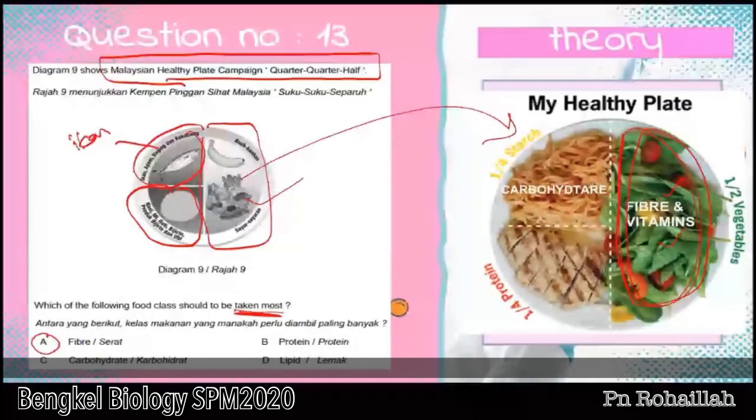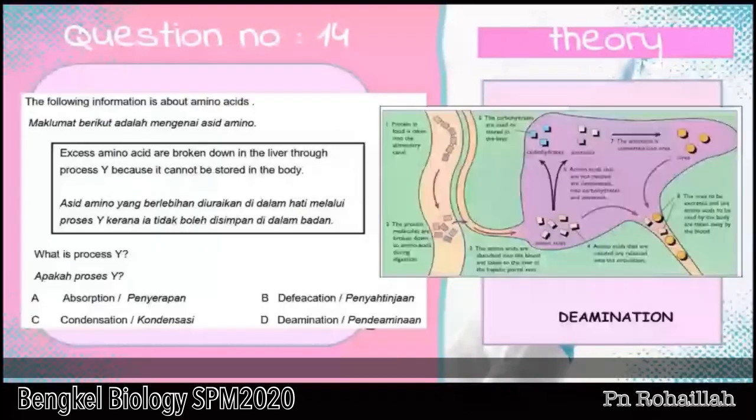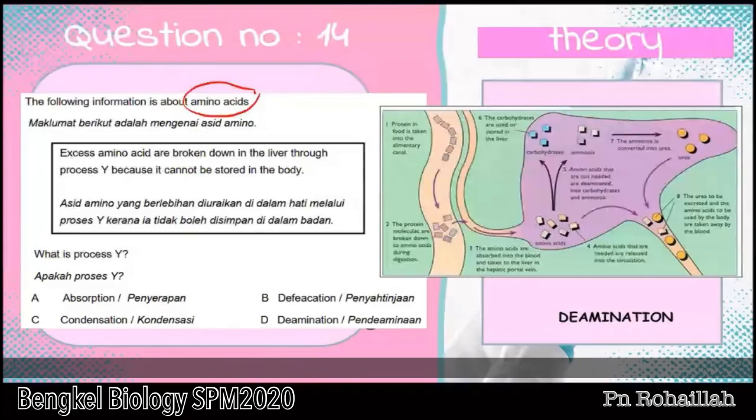Okay, next. Soalan 14. The following information is about amino acid. So underline the words amino acid. Excess amino acids are broken down in the liver. So katakanlah you love to eat protein, is it good?